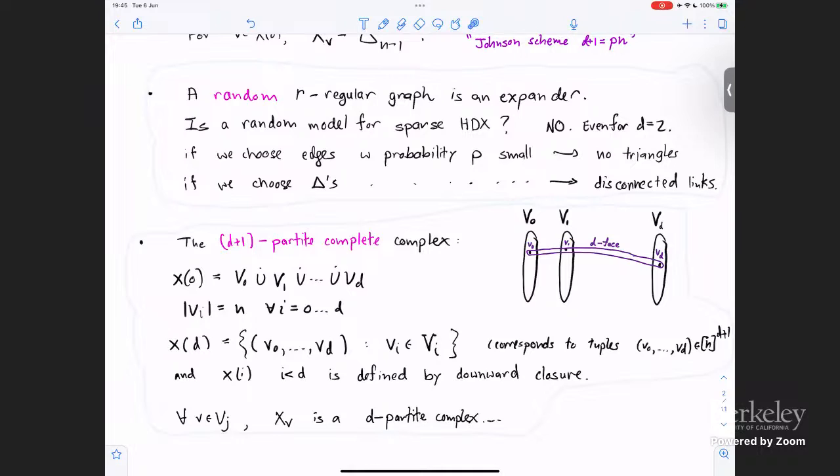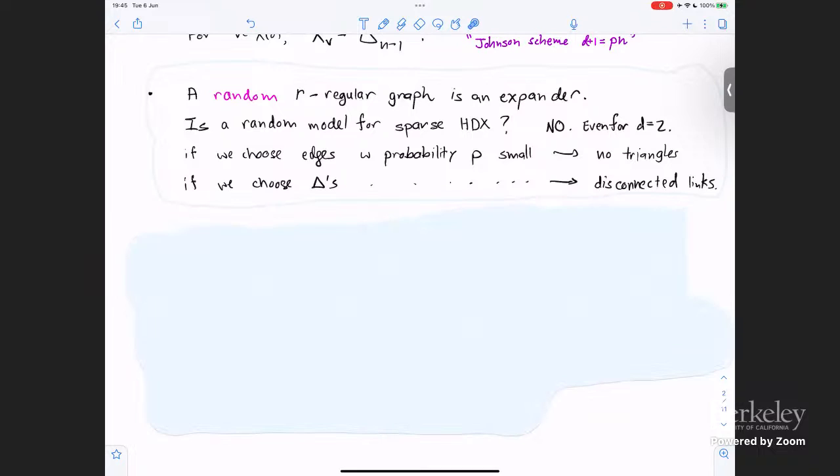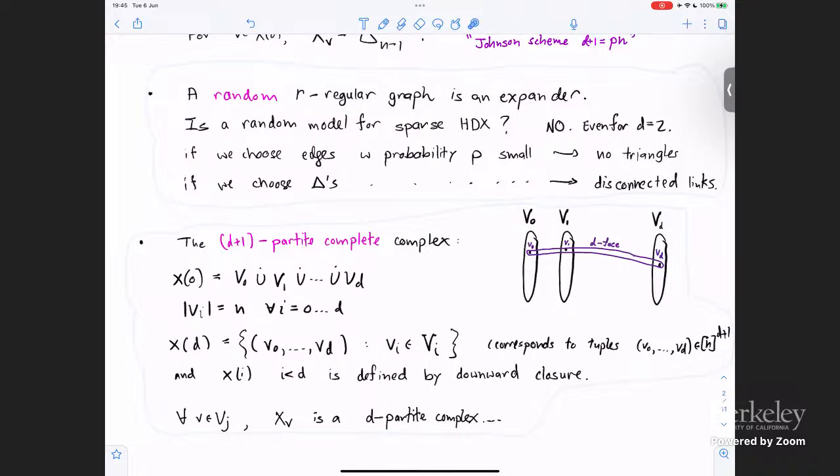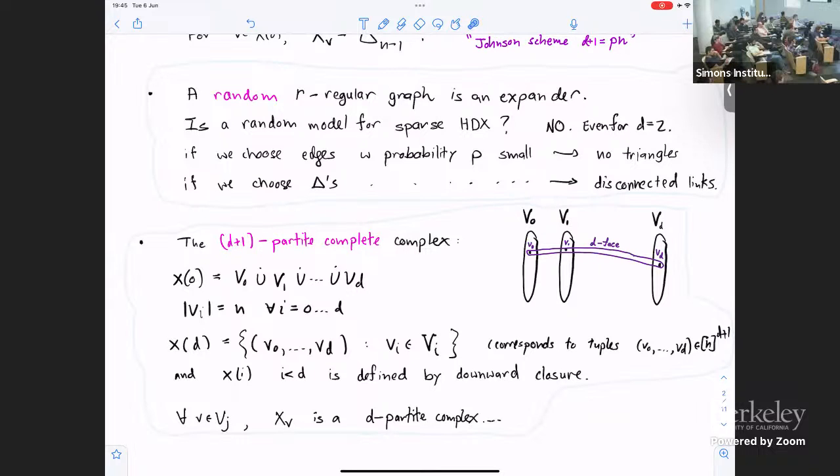And let's think, what does a link look like? So if I choose some vertex V in some color class Vj, color class.